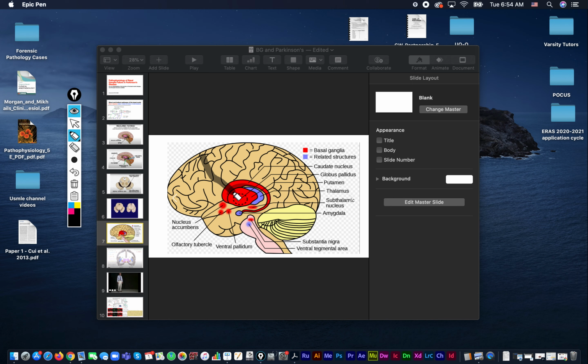and then the thalamus has spiny projection neurons that go all through the brain to the cortex. And everything in red is basal ganglia structures.